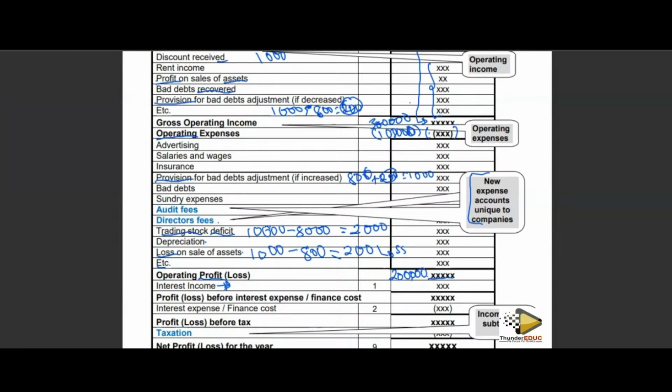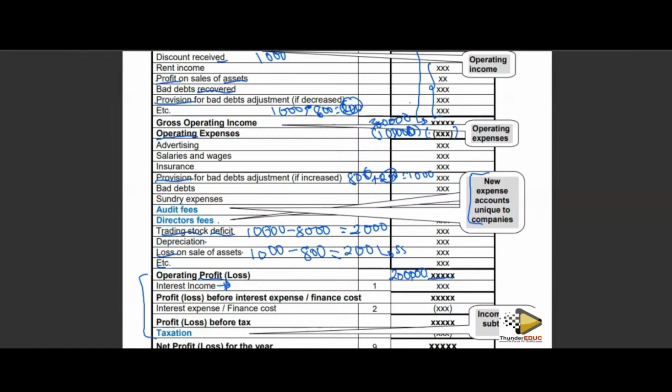Now, this part is a bit challenging to some students. Sometimes they leave this part here, going down. Sometimes they just leave it, they don't put anything there, okay? Now, interest income, I've explained it. Now, profit or loss, remember we are saying profit or loss because you may find that it's a loss or it's a profit.